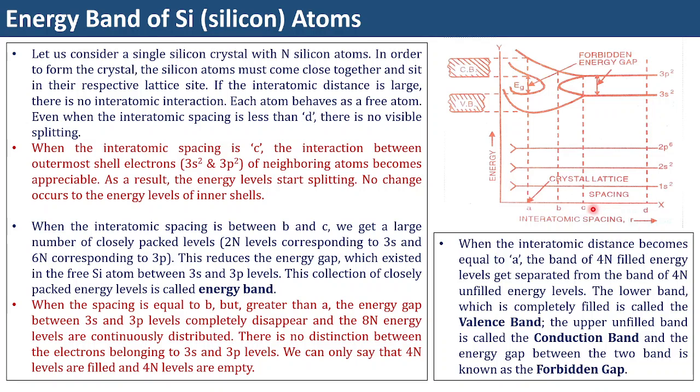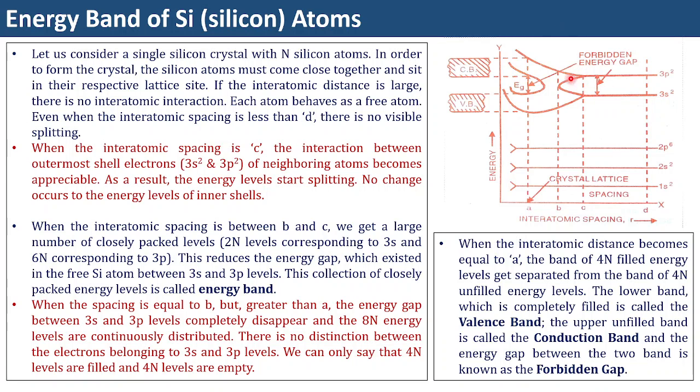But when the interatomic spacing is C, for example here, the interatomic spacing has now decreased. In that case, the interaction between the outermost shells 3s2 and 3p2 of neighboring atoms becomes appreciable. You can see these two levels have started splitting, and this splitting occurs because of the interatomic interaction.